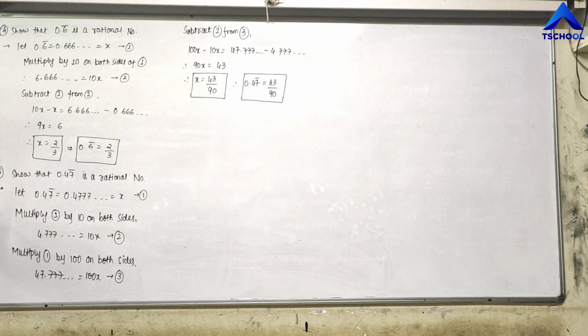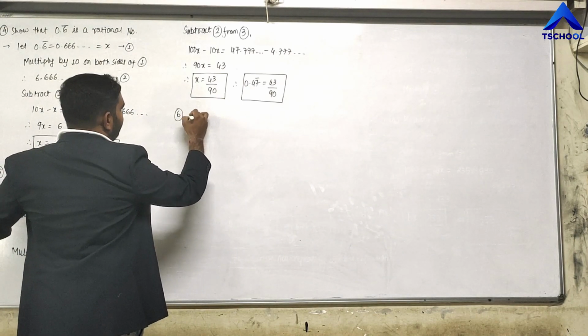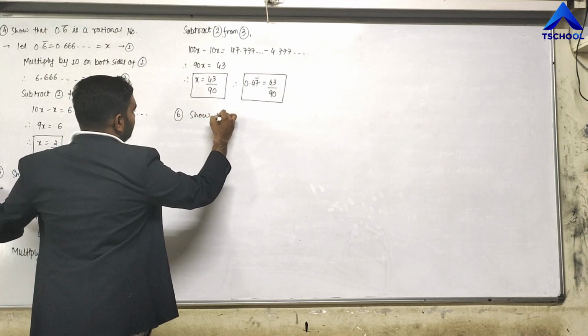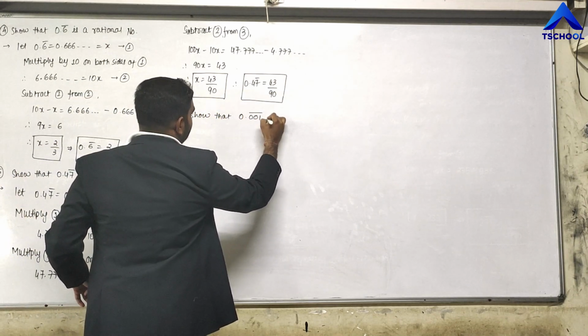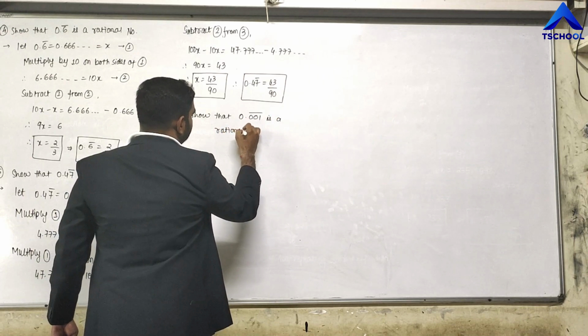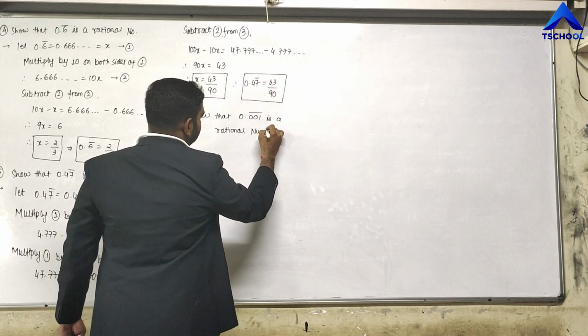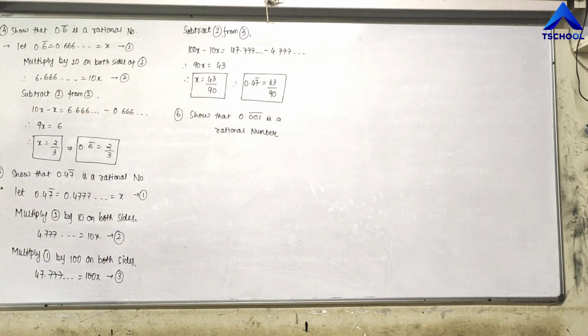Okay friends? Now I shall give you one sum for self-study: 0.001 bar. It is very easy, right?